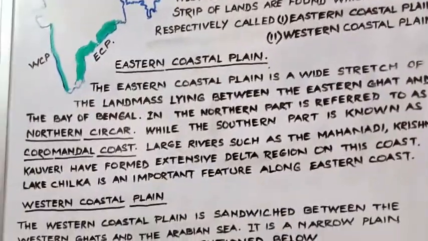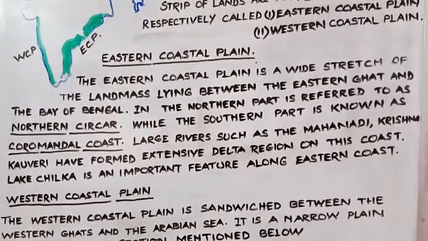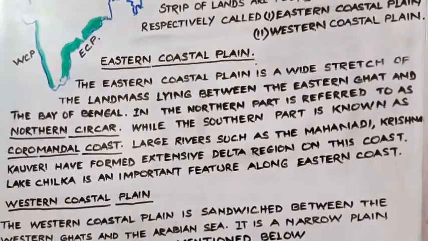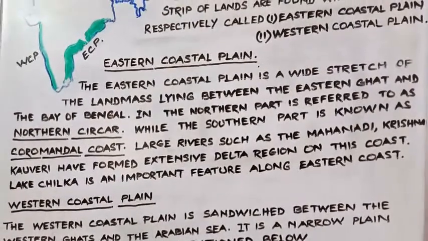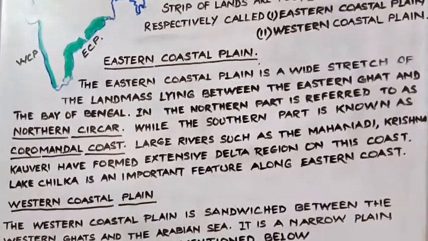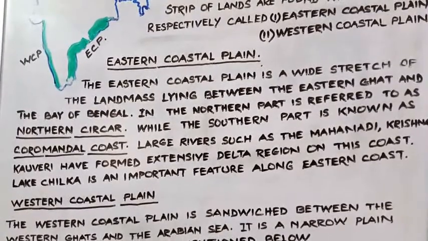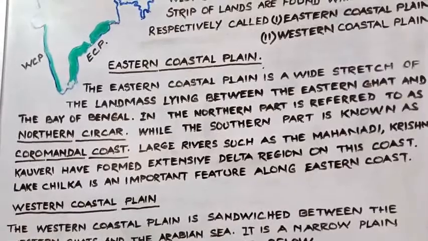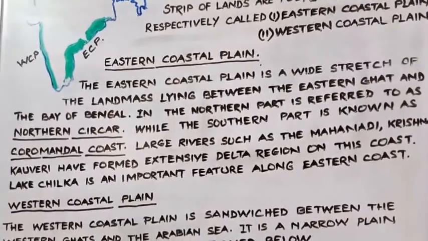Now let's come to Eastern Coastal Plain. The Eastern Coastal Plain is a wide stretch of landmass lying between the Eastern Ghat and Bay of Bengal.